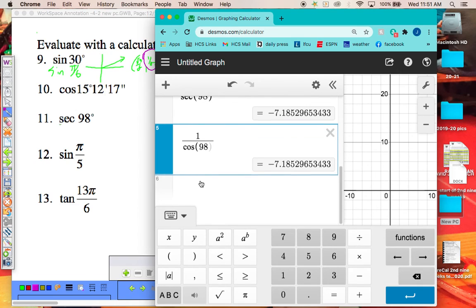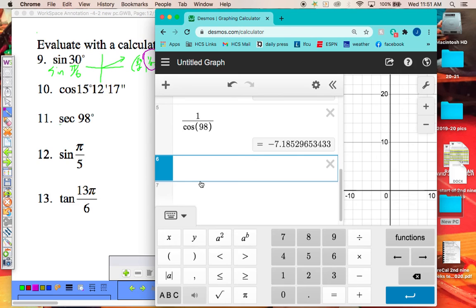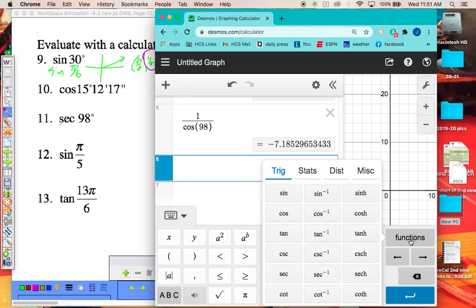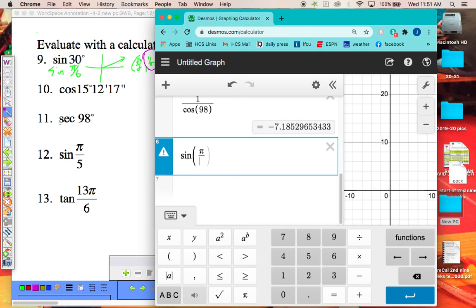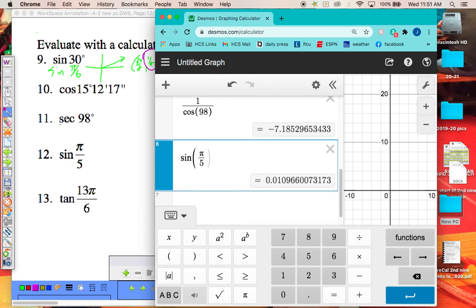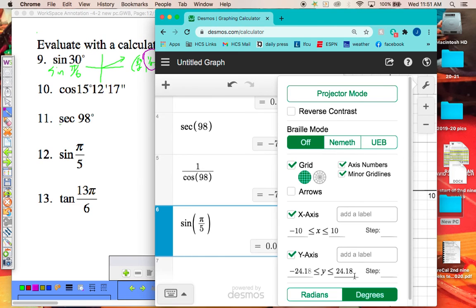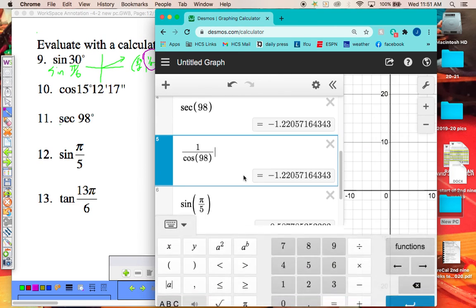The next one, number 12, sine of pi over 5 is not in our unit circle. And I'm going to get this, which I'm going to tell you isn't right, because we have an issue. When I do the sine of pi over 5, I need to go back to radians.